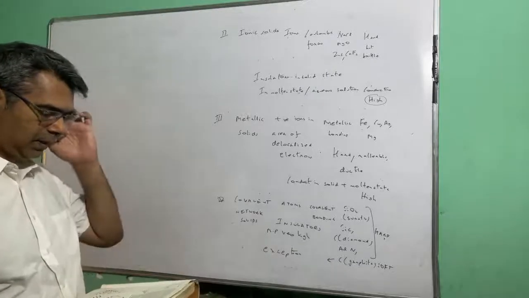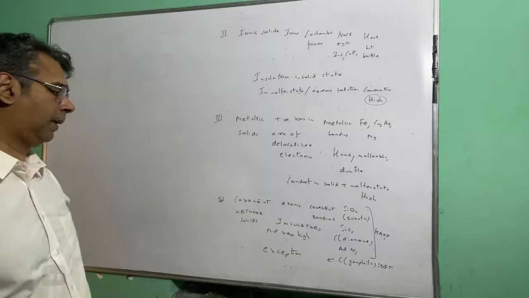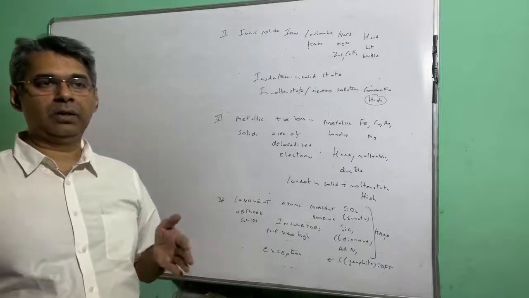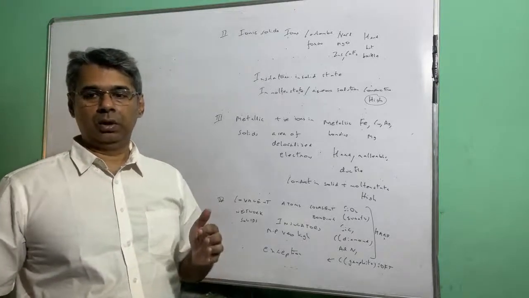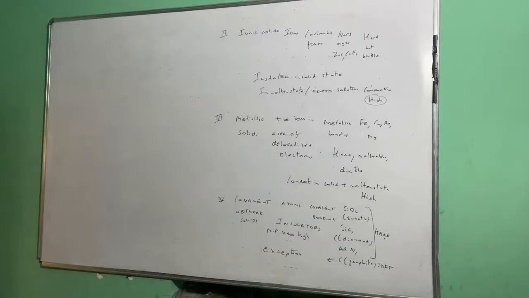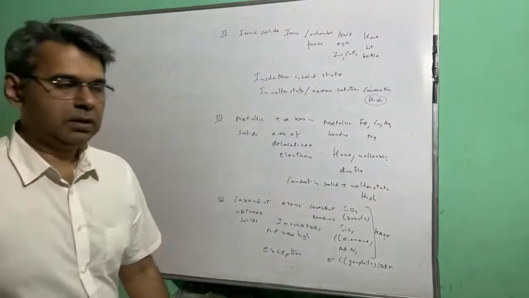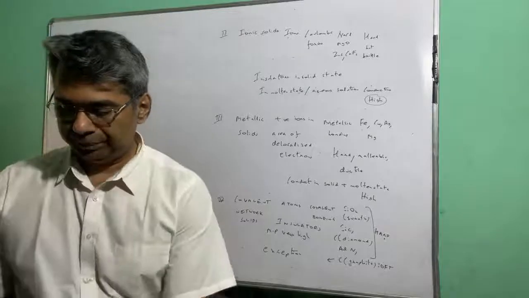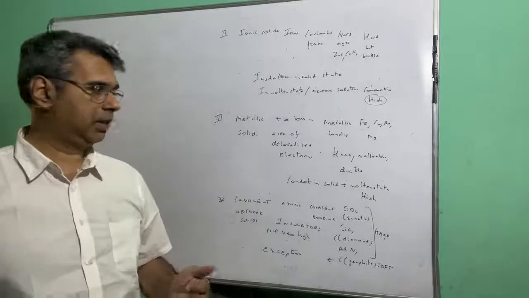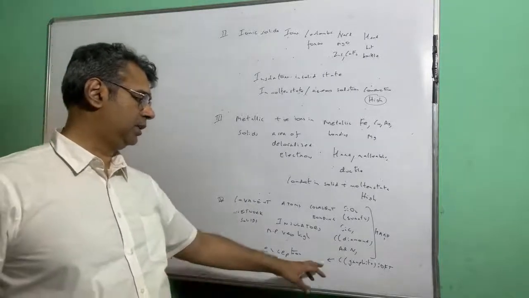Actually what happens is that in these solids, the individual atoms are held together in a 2D or 3D network, and there is a rule that if the network is 2D, then it will be a rigid network, but if it is 3D, it will be even more rigid, which explains the huge difference in the rigidity of graphite and diamond.